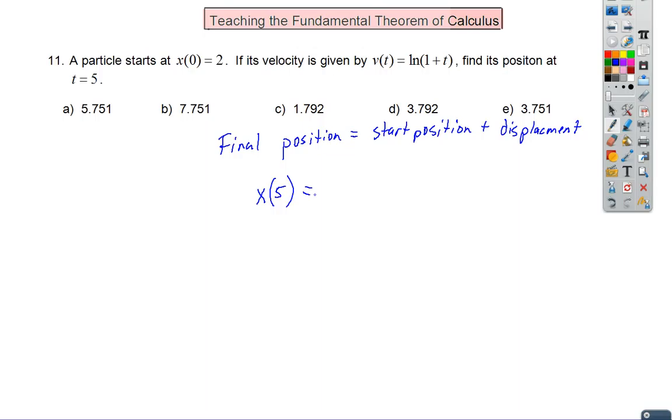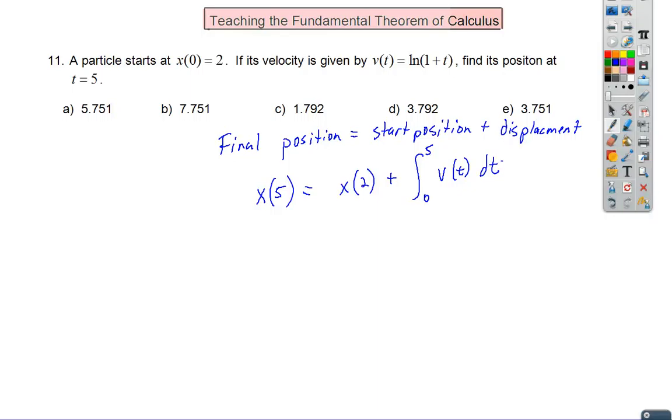my start position, x of 0, plus the integral from 0 to 5 of my velocity. Wait, that looks a little familiar. How does this happen? Well, this is what's amazing.